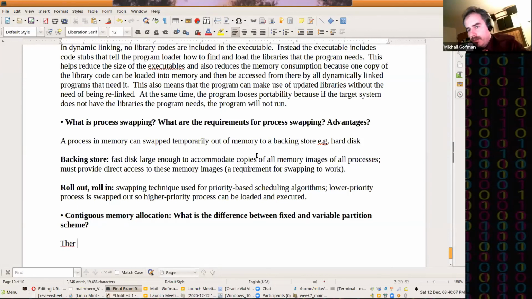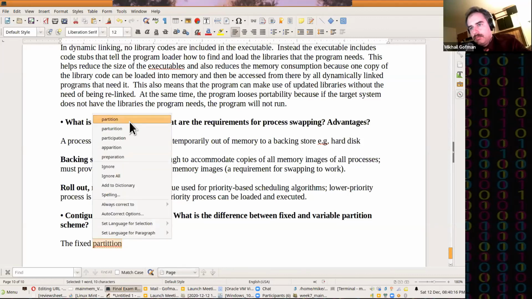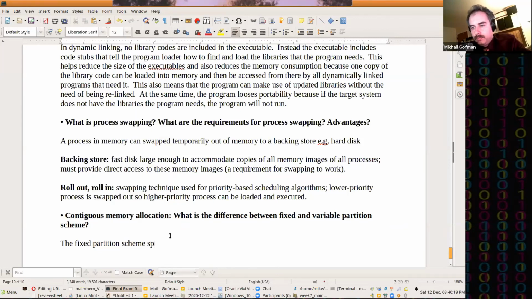So basically, the fixed partition scheme splits the memory into a bunch of fixed partitions, and a process is assigned a single partition.